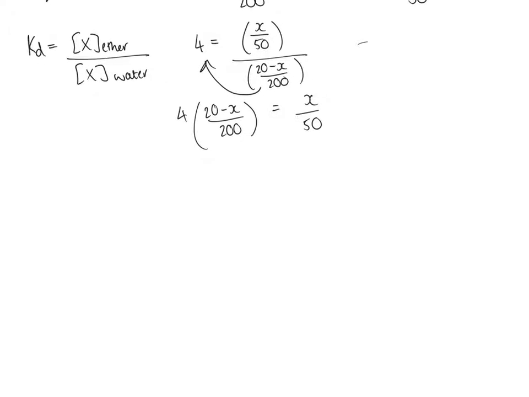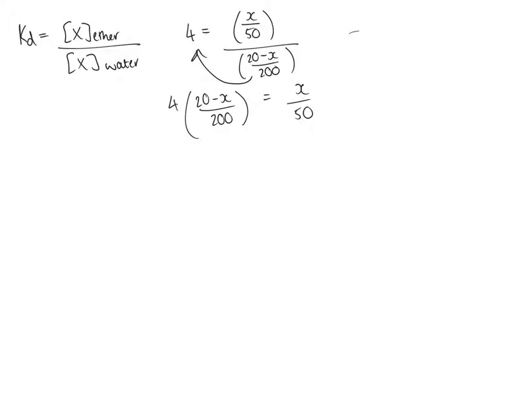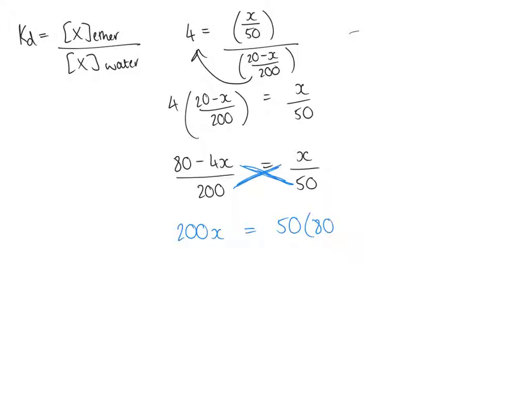Multiplying out that bracket, I get 80 minus 4X over 200 equals X over 50. Want to cross multiply in order to get X's on the same side. So first of all, I do 200 times X equals 50 times 80 minus 4X.